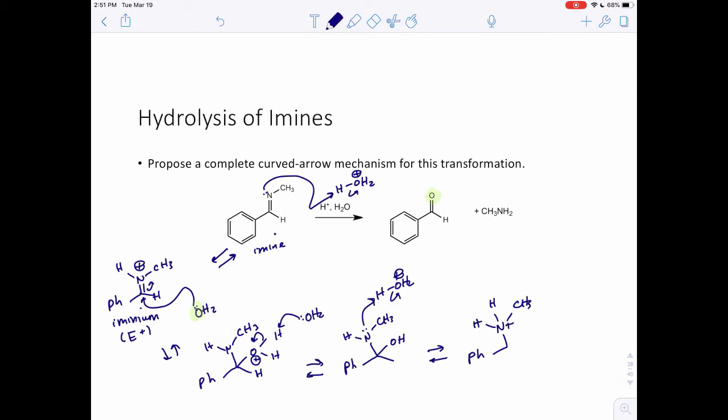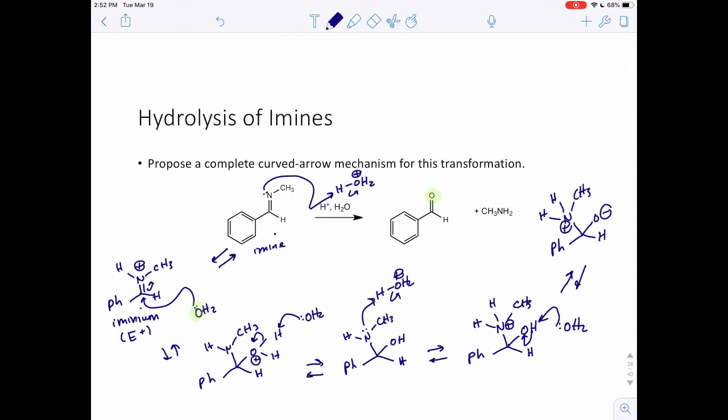And we're almost there. So if you look at the mechanism for imine formation, it formed via this intermediate. And because it formed via this intermediate, we're going to regenerate that because the reverse pathway is the exact opposite of the forward pathway. So how do I generate this O-? Well, we're going to need to deprotonate the oxygen here.